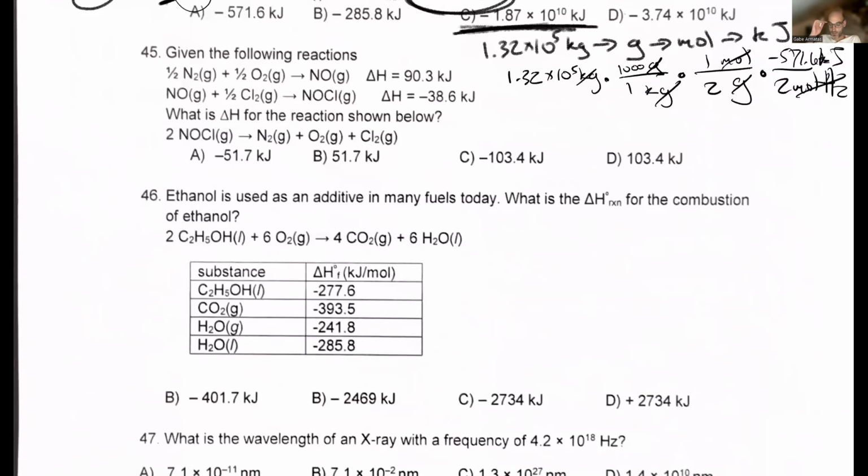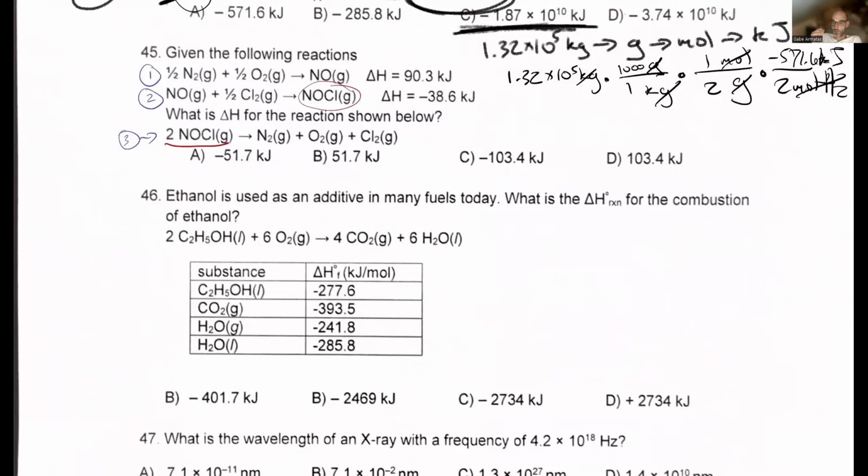Given the following reactions, okay, so we've got a bunch of delta H. What's the delta H for the new reaction? I've got reaction 1, I've got reaction 2, and I have a new reaction 3. What I want to do is essentially combine reactions 1 and 2 in order to get 3. So the way that we're going to do this is we're going to focus on these things one at a time. We're going to focus on NOCl. Let's find it above. There it is in reaction 2.